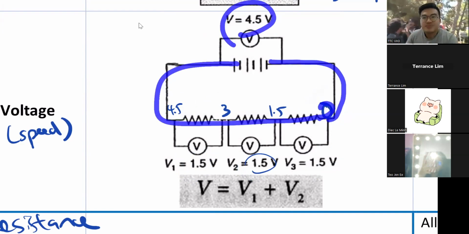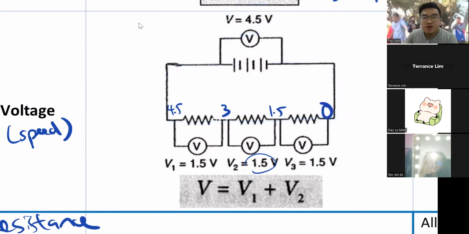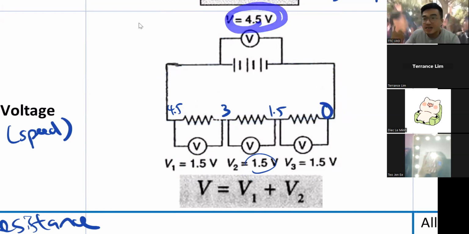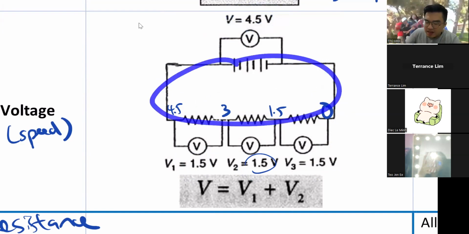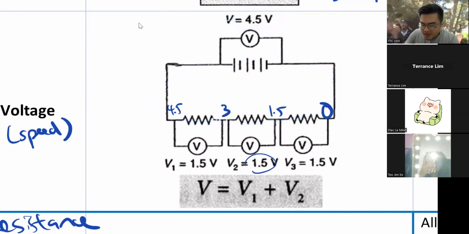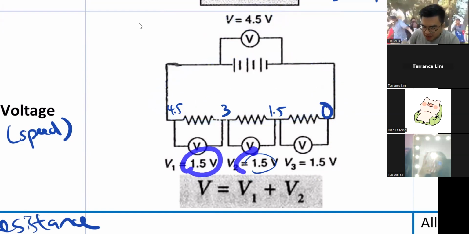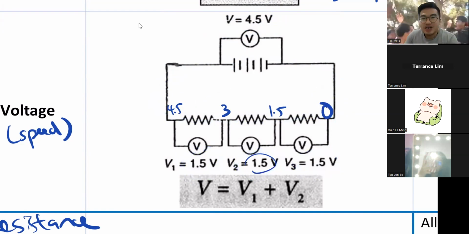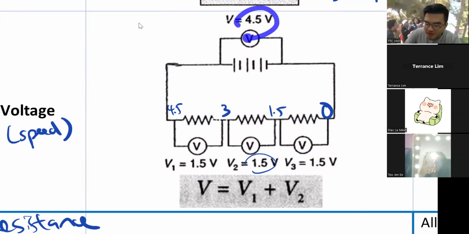Right? So the total river speed in a series circuit, this is one river, is all the speeds adding together. You can think of it like energy. I have 4.5 energy.